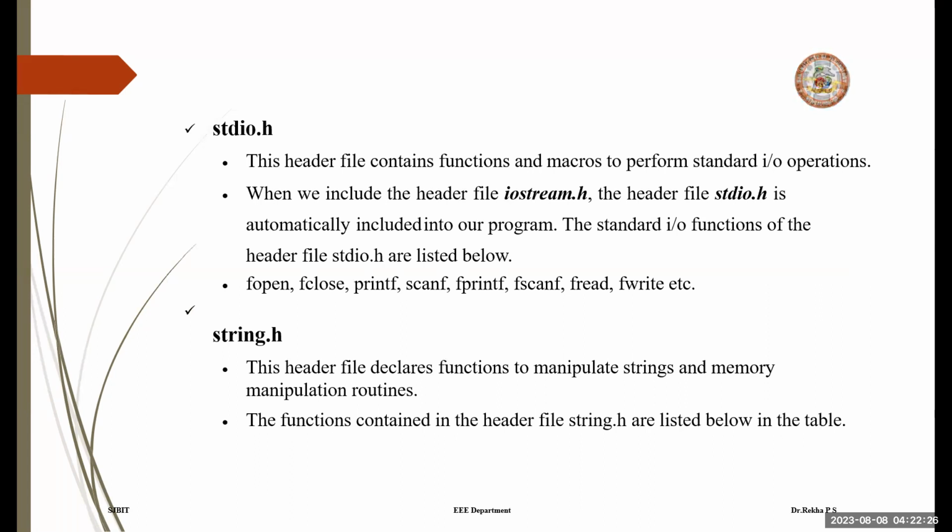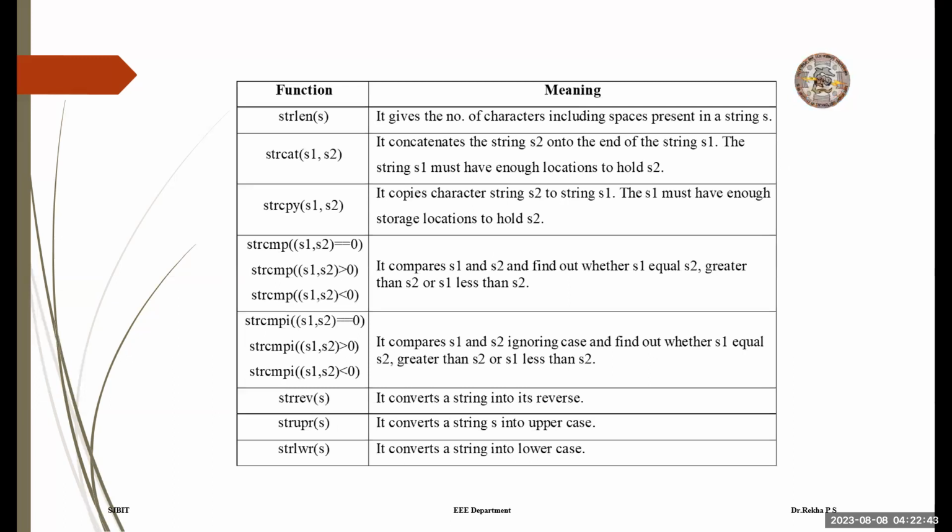So coming to string.h, this header file declares functions to manipulate strings and memory manipulation routines. The functions contained in the header file string.h are listed below. You can see here there are so many functions and their meanings.